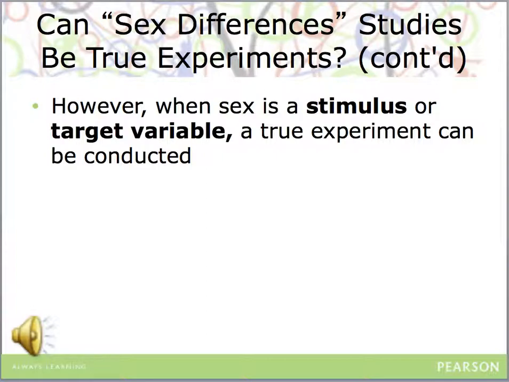So in these situations, sex would be considered the manipulated independent variable as it's the stimulus or the target variable. And for this experiment, the dependent variable or the outcome of interest would be the number of callbacks a given resume receives.